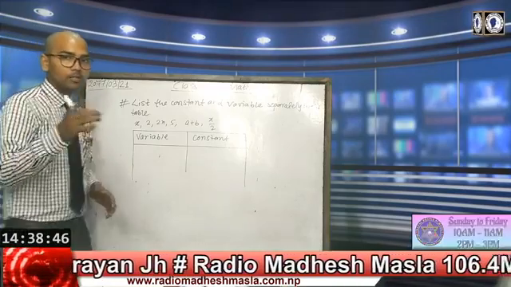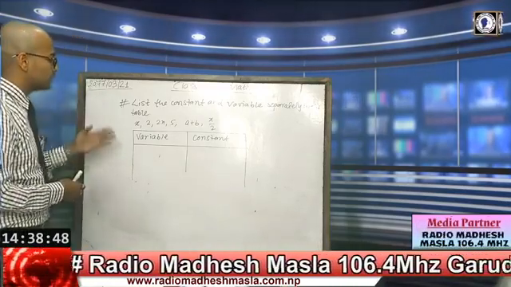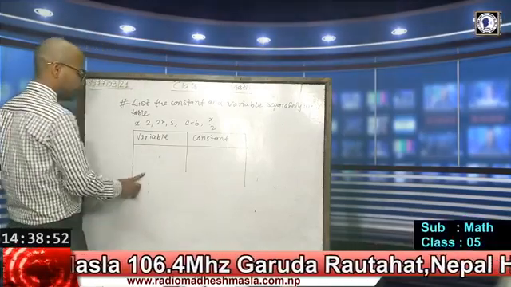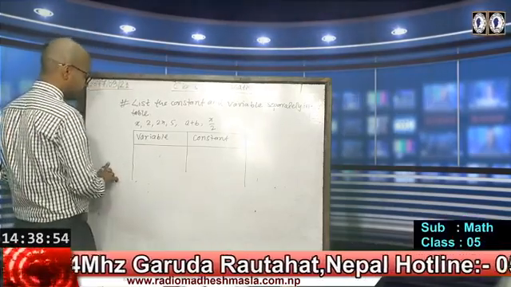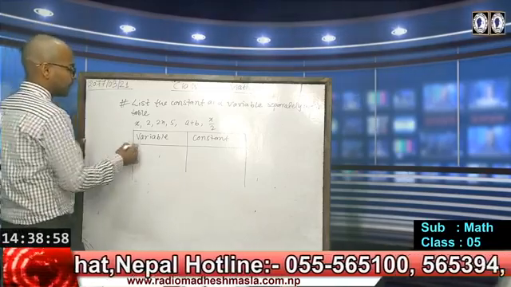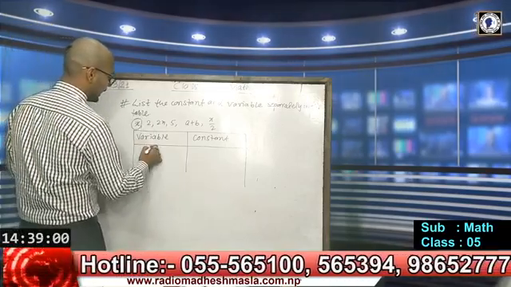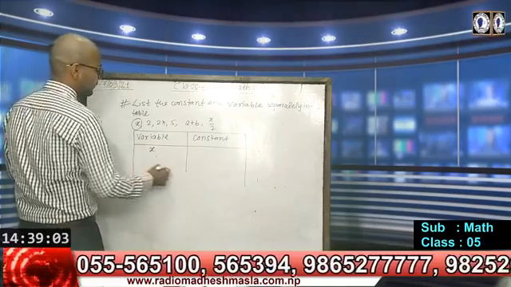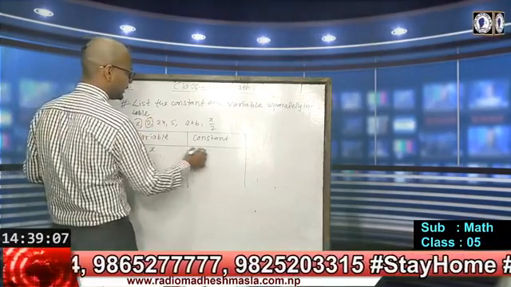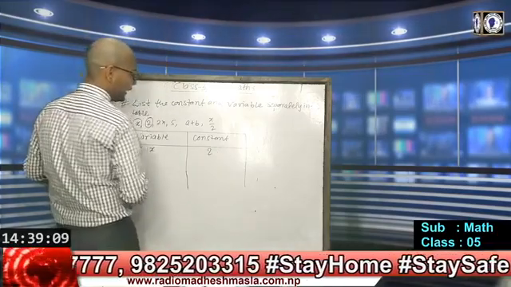According to the definitions, a letter from the English alphabet, like a or b, is known as a variable. So x should be written in the column of variables, and 2 is written in the column of constants.